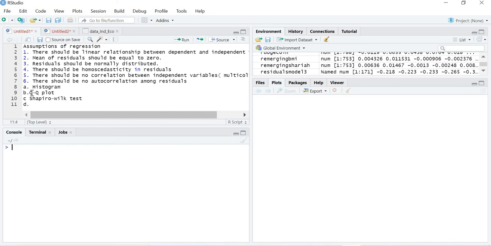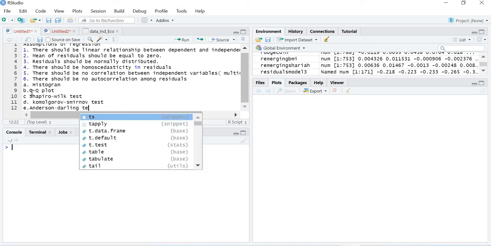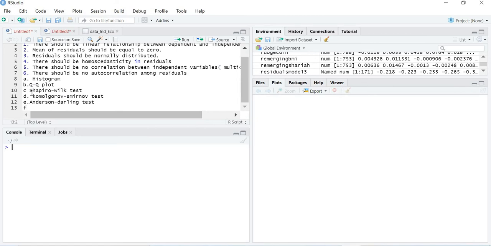The fourth method to check the normality, that means whether my residuals are normally distributed or not, is the Kolmogorov-Smirnov test. The next method is the Anderson-Darling test. And the next method is the Jarque-Bera test. So these are the 6 methods by which we can test whether my residuals are normally distributed or not.